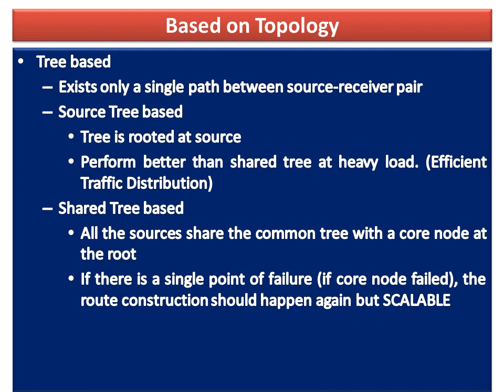But we also have another better way called a shared tree. What we are trying to do here is form a common tree for all the sources that belong to the multicast group, which means in a multicast group anyone can potentially become a source. So instead of constructing a separate source based tree, you can have a common tree where the root is not the source but the core node, right?